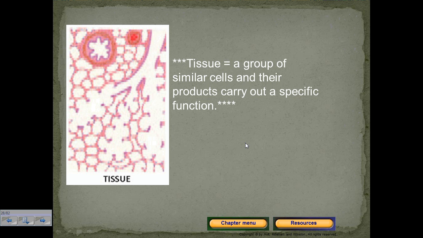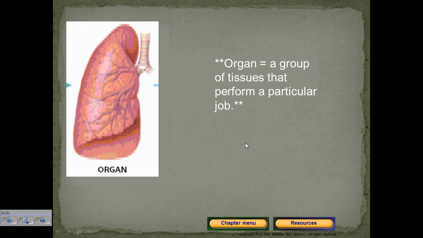So, under your notes, it says the cells are organized into tissues. And then we have tissues are organized into organs. So groups of tissues are all going to work together to do a certain job, right?